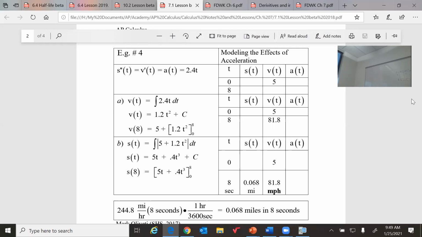And we want to evaluate that from 0 to 8. Okay? So if we put 8 in there, we would get 64 times 1.2. 64 times 1.2 would give you 76.8.